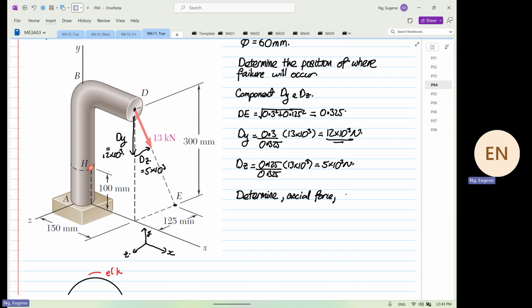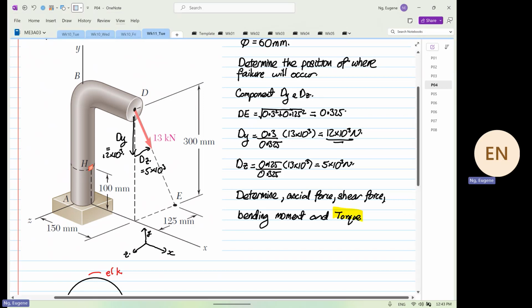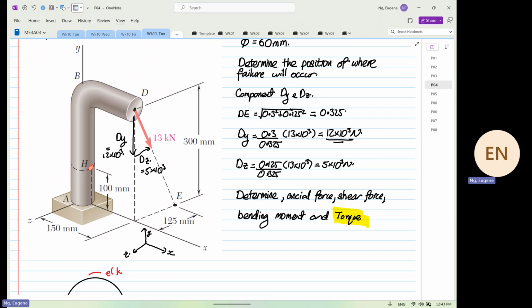We're going to determine our shear force, and our bending moment. And for this case, I deliberately picked this example to determine our torque. This example is different from what we had before. In the previous example, we didn't have the torque. This example has the torque. That's why I picked this example.